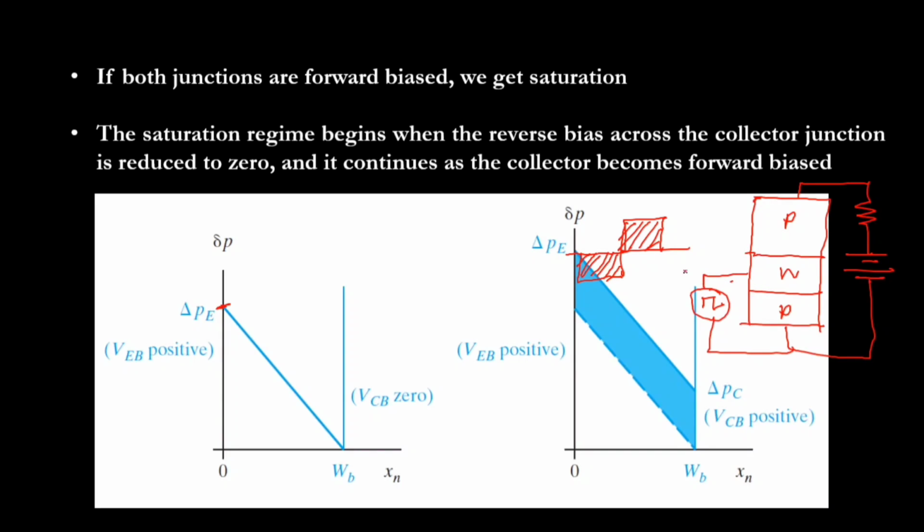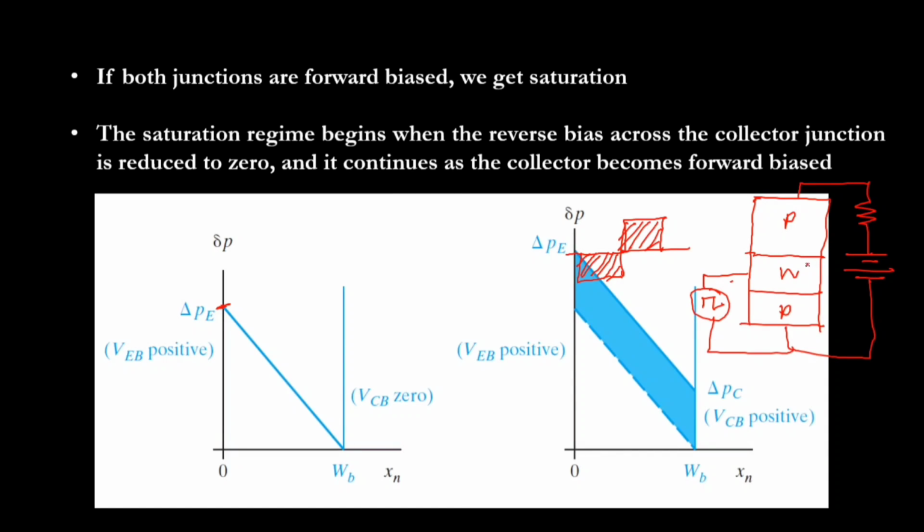If I keep on increasing the base current, the excess hole concentration at the collector junction is going to be 0. Before, it is less than 0 because this is reverse biased, so the excess hole concentration at the collector is less than 0 because of reverse bias.